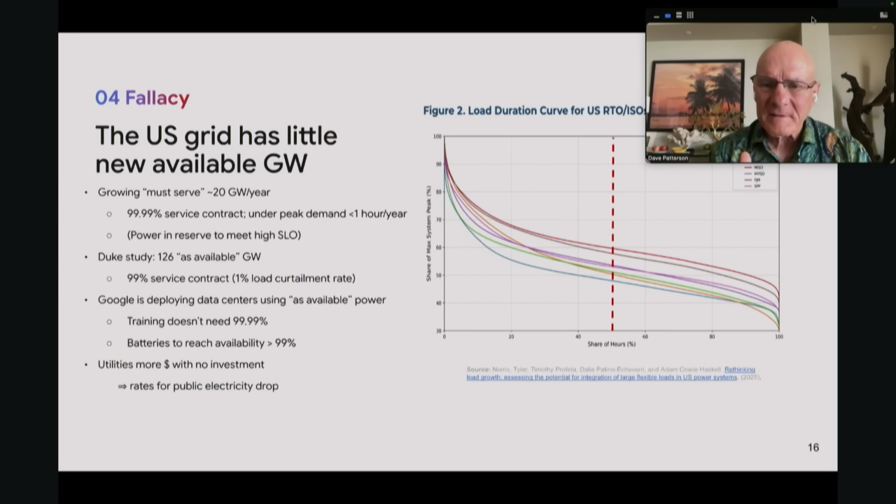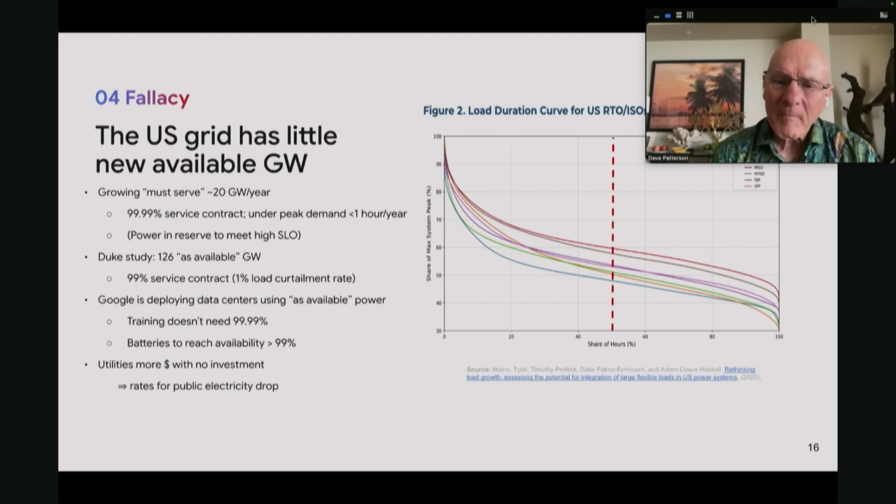So the nuanced version of this is that most utilities expect you to want electricity almost all the time, what we would call four nines of electrical availability, so down less than an hour a year. This graph plots, for the top utilities in a given year, how much electricity is used.